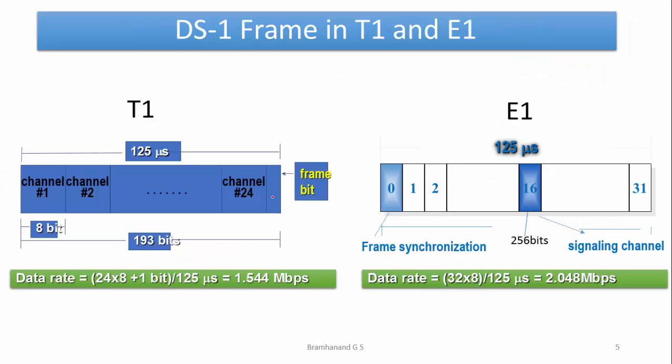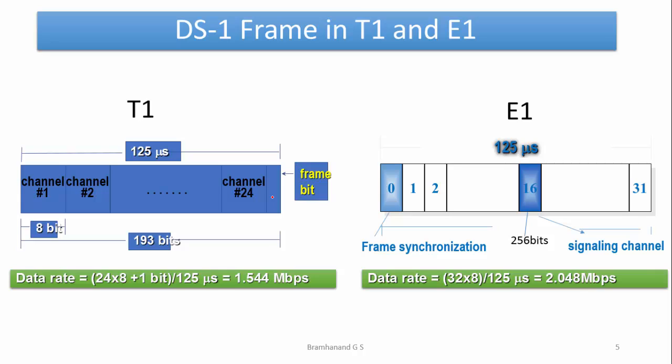So, DS0 is a digital form of the voice signal. If I need to transmit that data over hundreds of kilometers, I cannot lay a separate twisted pair or coaxial cable for that one particular voice channel.